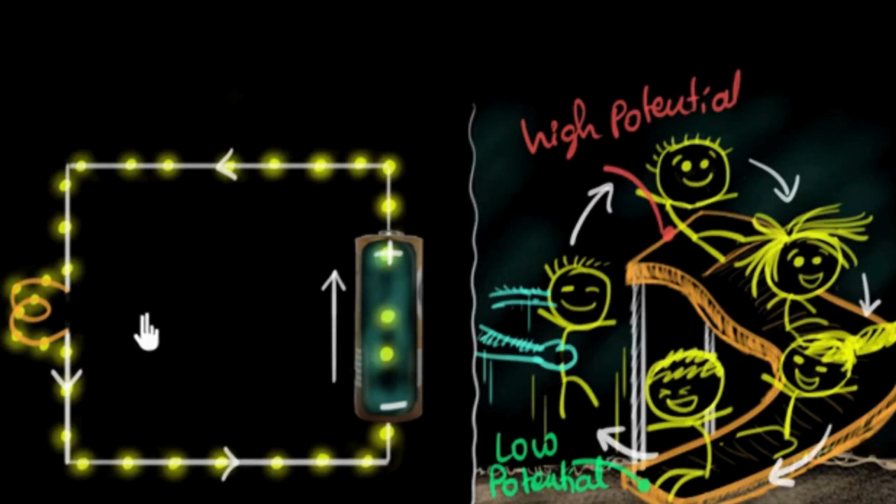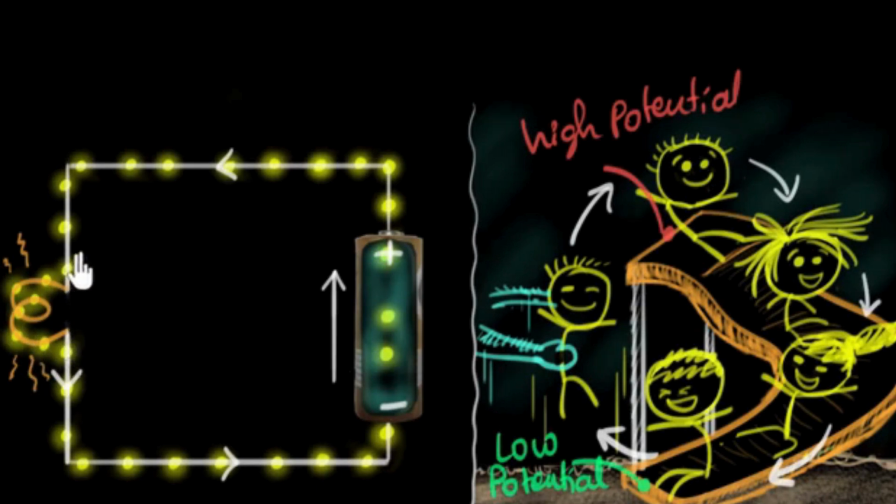In a similar manner, as the charges move through the bulb, there is heat generated in the bulb. Again, we could ask, where did this heat come from? In a similar manner, we could say the charges over here might already have stored energy. And as they move through the bulb, they lose that stored energy.